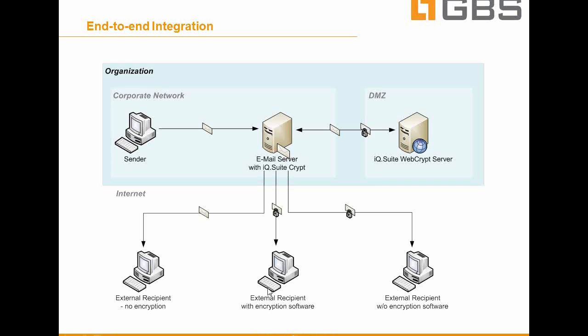Now, the recipient in that case can either be a company using an appliance, it can be a company using IQ Suite, it can be a company that has implemented S/MIME certificates on the client level. I don't care. It doesn't make a difference to me, because the only thing that I need to know is, do I have a public key for the recipient of my message? If I do, I can encrypt it.